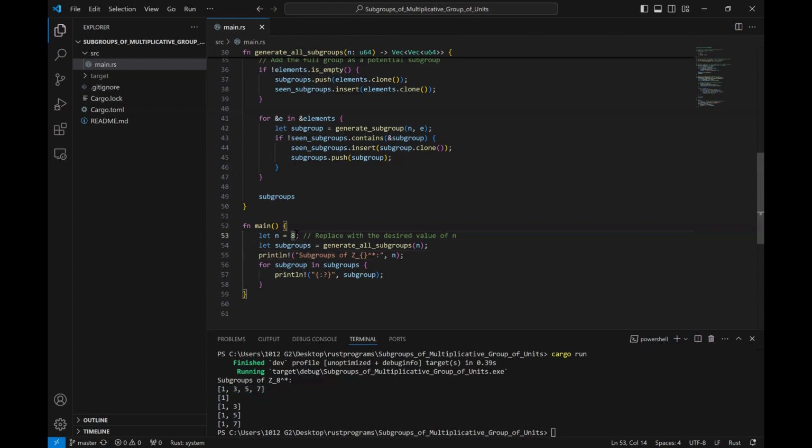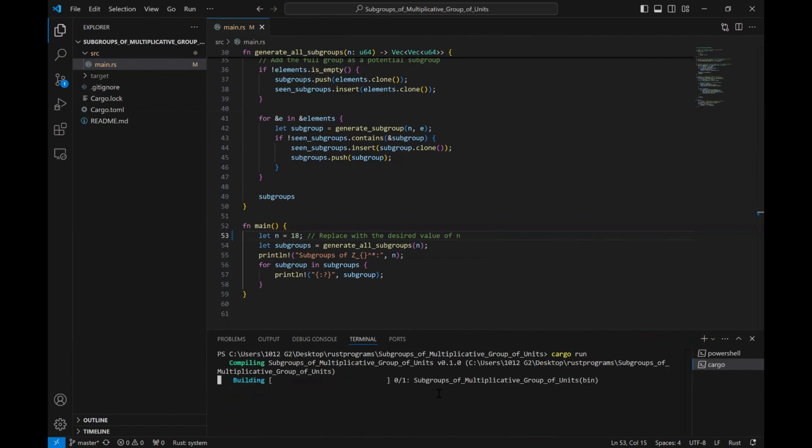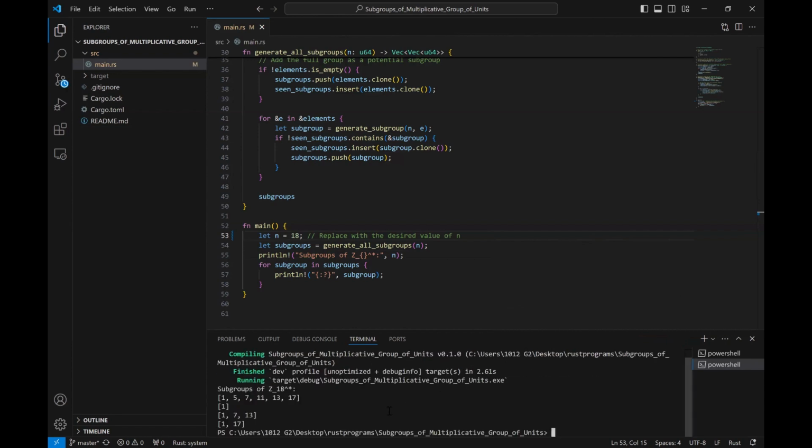Can you increase it a bit to, let me see, 18? Z is 18. That's what it gives us. It gives us the subgroups.